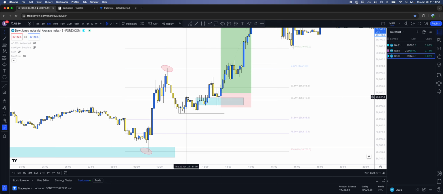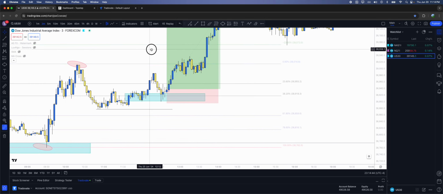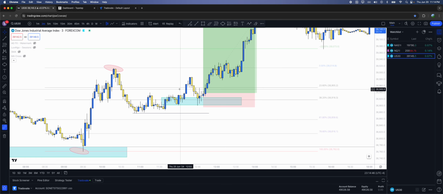Being that we had this high here and it wasn't broken until this push up, I'm using this as the basis for the demand zone. And when you're on US 30 or NAS, the 3 minute is generally a lot more clear.